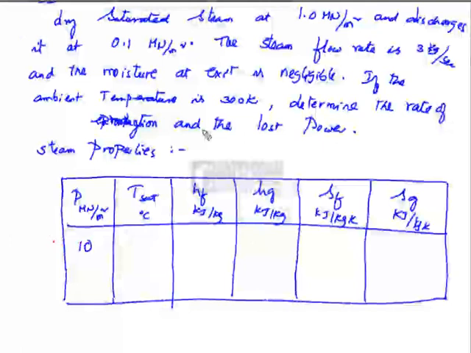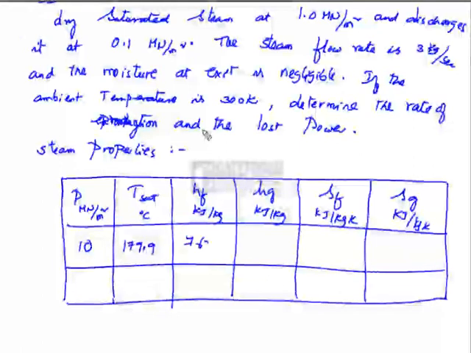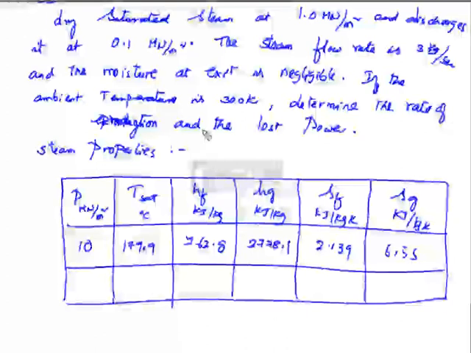The data is at 10 meganewton per meter square, saturation temperature is 179.9, HF is 762.8, Hg is 2778.1, SF is 2.139, Sg is 6.586.